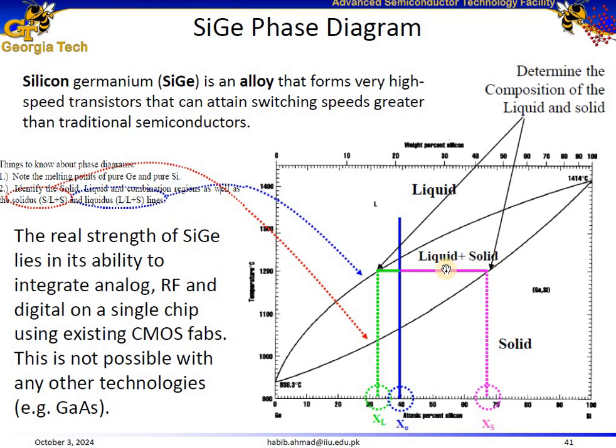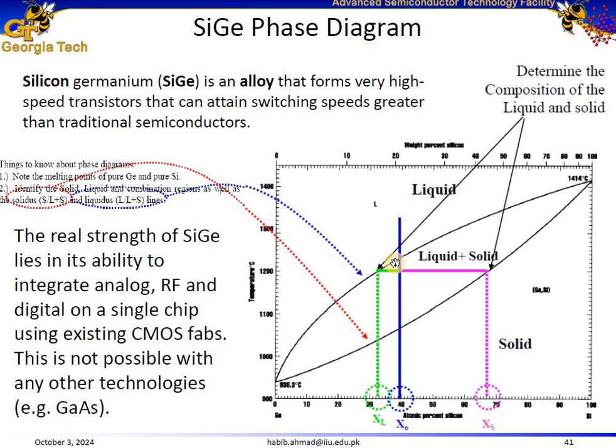In this region we have a mixture of liquid and solid silicon-germanium. As the temperature drops below this region, we go into the solid region. And as we go higher above this region, the entire material converts into liquid form.